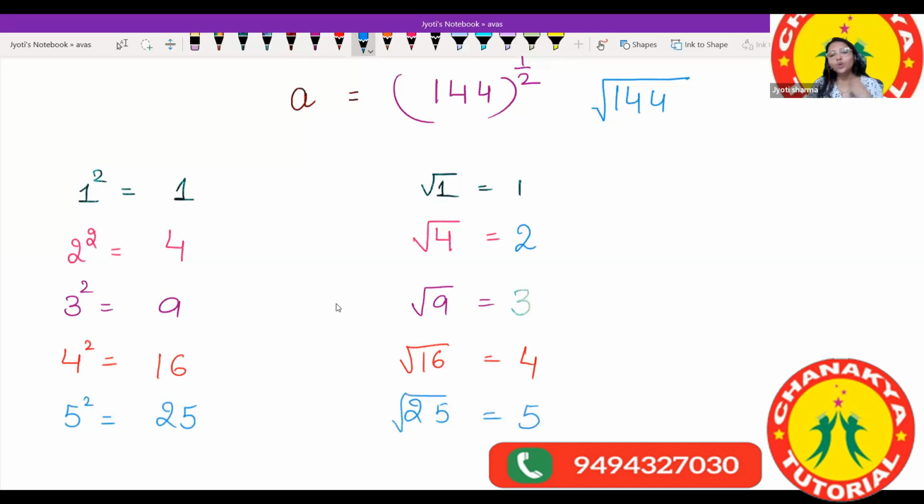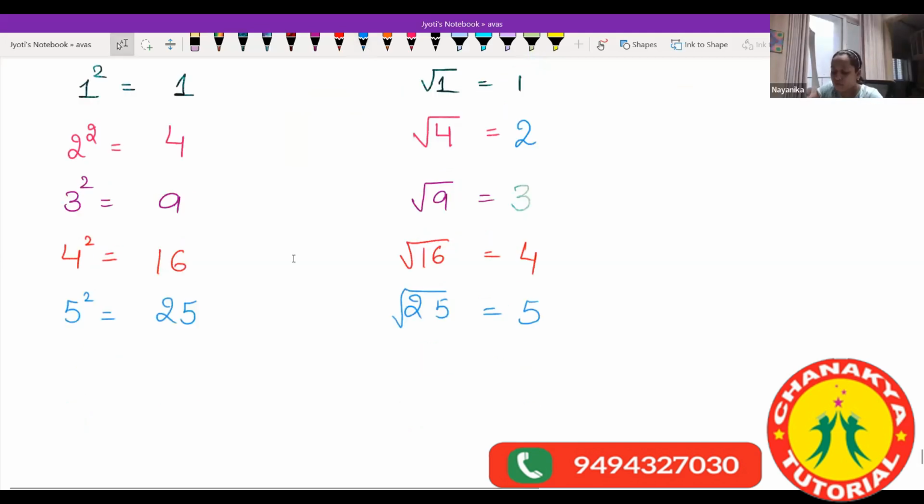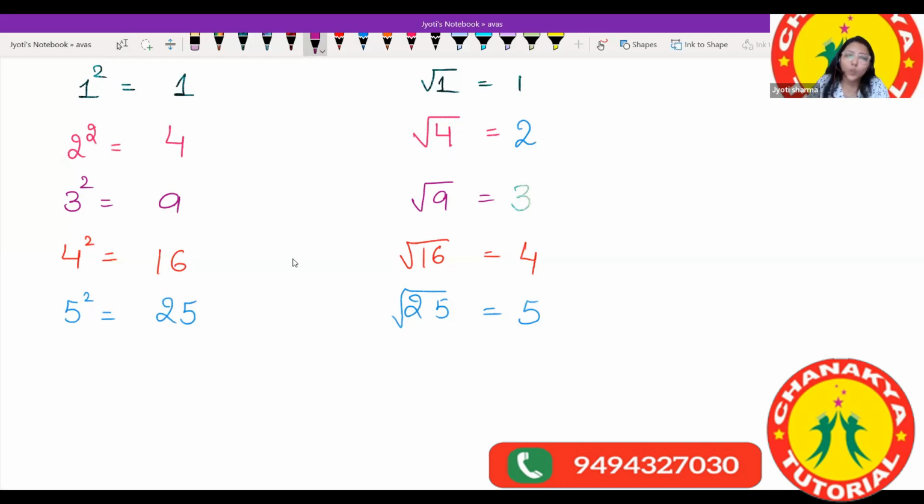So you understood the meaning of a square root, right? But for a smaller number, you already know how you can get the square root. What if I give you a big number, let's say 5064? For that, we should have a proper method to find a square root.